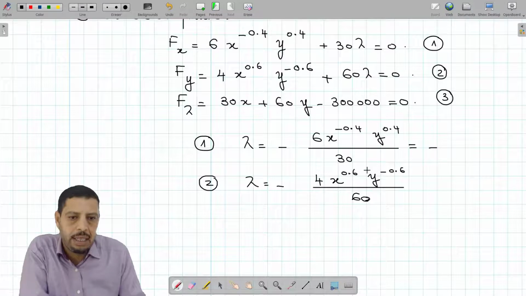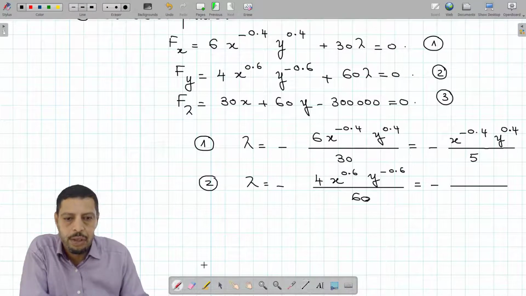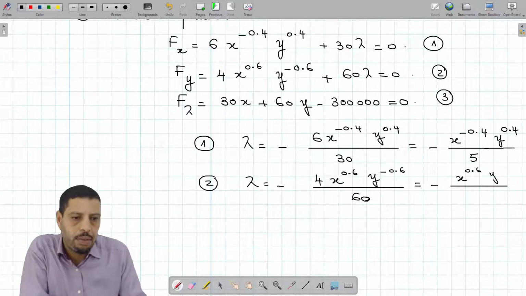So let's write it negative x to the power of negative 0.4, y to the power of 0.4 over 5, because we can cancel the 6 in the numerator and in the denominator. And here we can write it as negative, we're going to cancel the 4. So let's write it x to the power of 0.6, y to the power of negative 0.6 over 15.